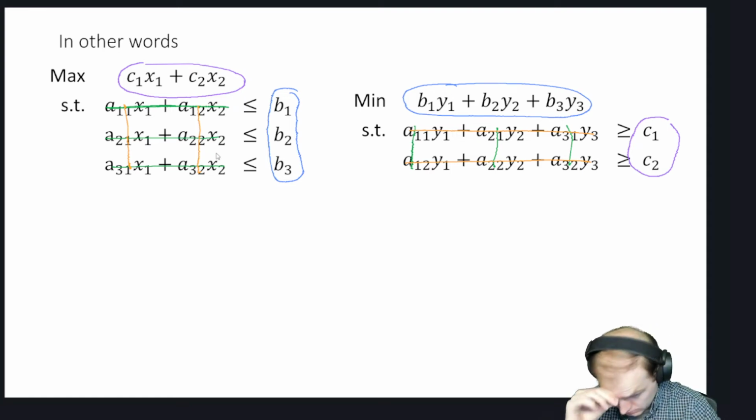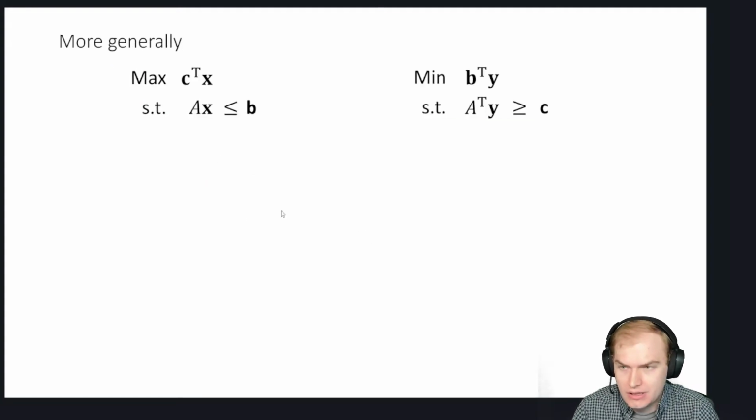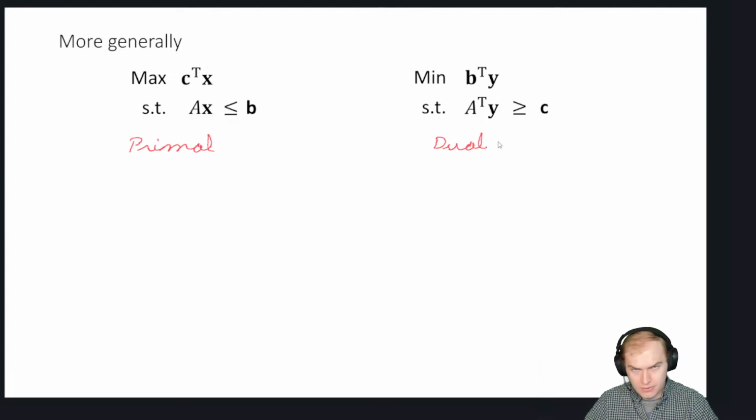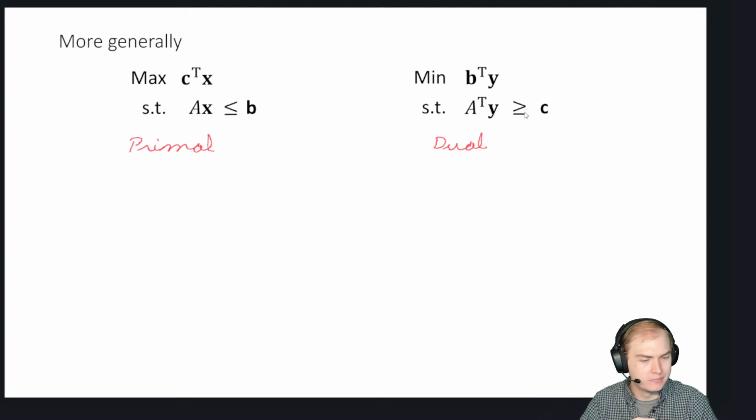So, more generally, if this is our primal, then this is our dual. Swap the places of C and B, transpose A, and use some new vector of variables of the appropriate size to make those equations make sense.